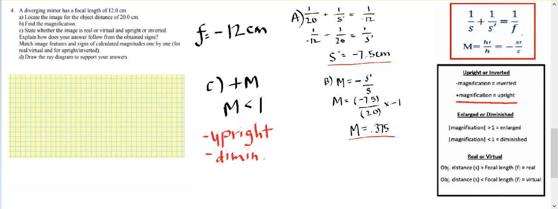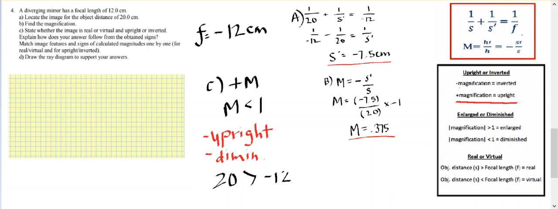And lastly, it asks us to determine if our image is real or virtual. The object distance S, which was given, was 20, and the focal length was -12.